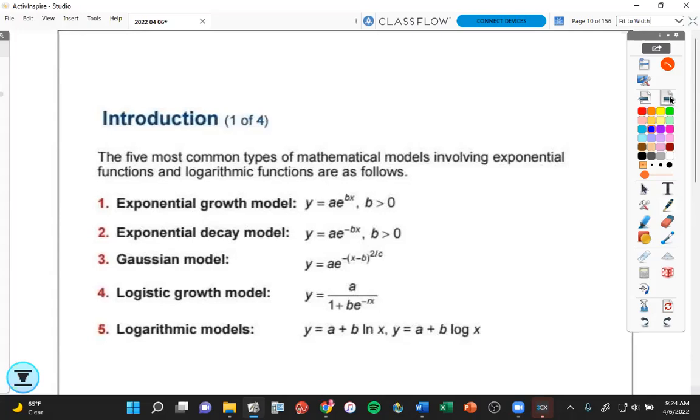And you have your logarithmic models. And that's what we're dealing with today, those 5 equations.